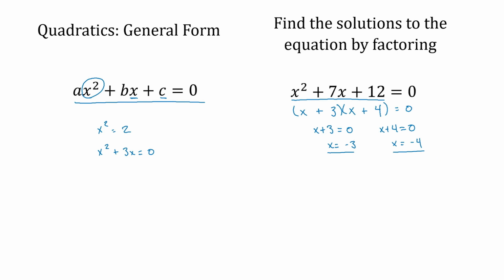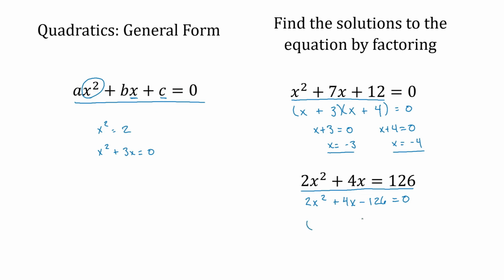Okay, let's go on to our second quadratic that we can solve by factoring. The first thing I notice in this quadratic, it is not set equal to 0. So my very first step is to write my quadratic so that it is equal to 0. Remember, we're following our general form for quadratics.